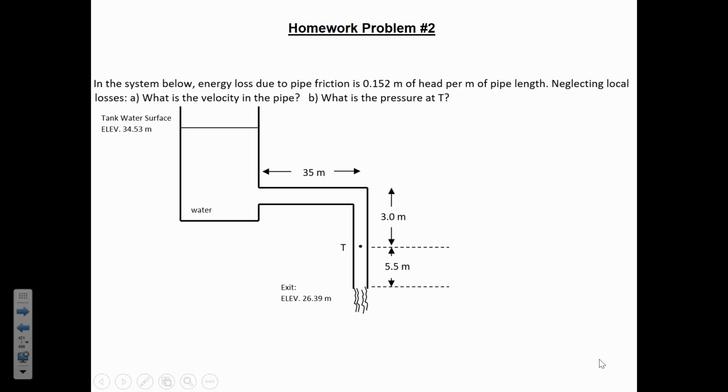So the way that you're going to find the velocity is that you're setting up the energy equation, and the losses are defined in terms of the length of the pipe. So you can see it's 35 meters plus 3 and another 5.5, and so add up all of that pipe length and multiply it by 0.152, and that tells you what's the H sub F. So if you substitute into the energy equation, the only unknown is going to be the velocity head that exists at location 2.